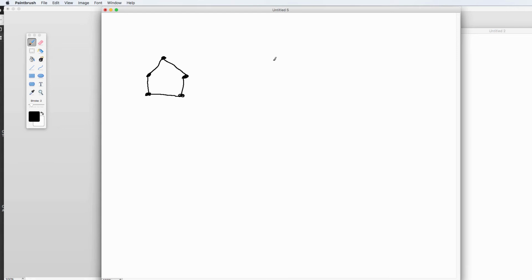So I want to consider that with another graph right here. It looks like the following. Whoops, teacher made a mistake. I want to consider that with a graph that looks like this.